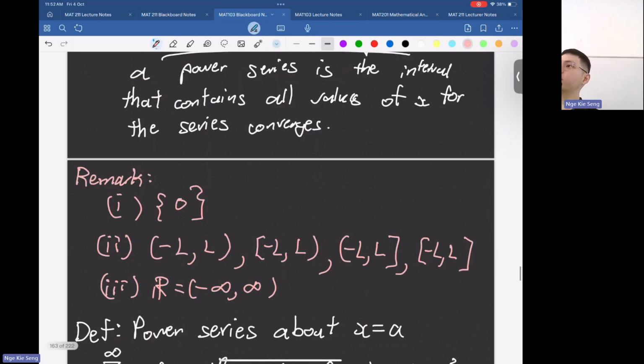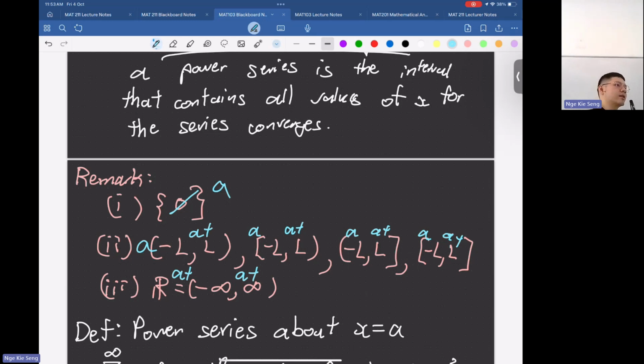But the description of your interval of convergence should change because you already changed the center. So you add A to all of them. If you add A to this whole real line, obviously it's still the same line.